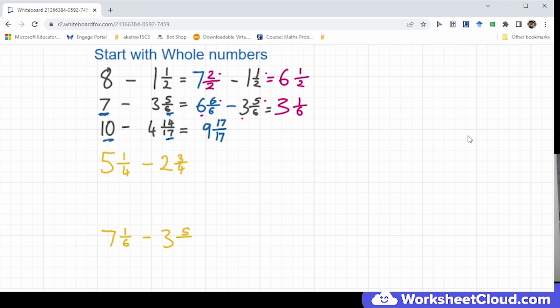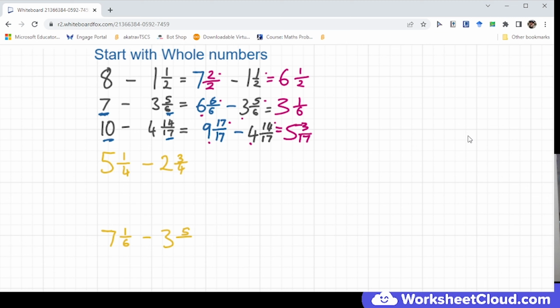So 17 over 17 minus, and the other one stays as 14 over 17. 4 and 14 over 17. 9 minus 4 is 5. 17 minus 14 is 3. And 3 over 17, 5 and 3 over 17.